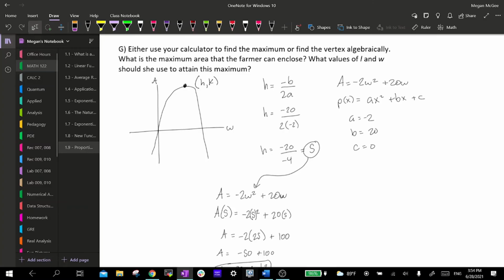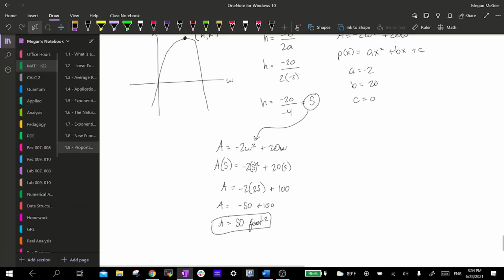So what is the maximum area the farmer can enclose? I'm going to say 50 square feet is the max area the farmer can enclose.